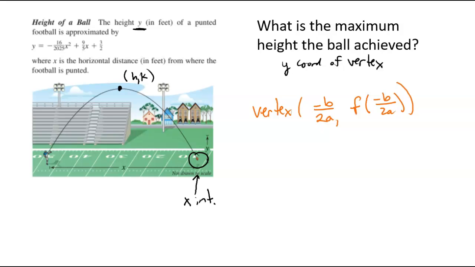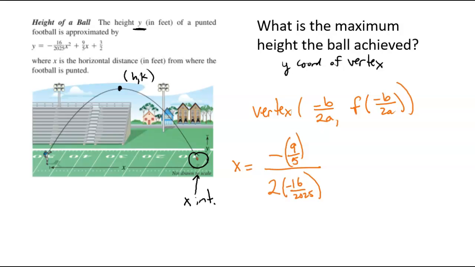So my b value is 9 over 5, and my a value is negative 16 over 2025. You'd multiply these numbers together, and we plug this into a calculator.